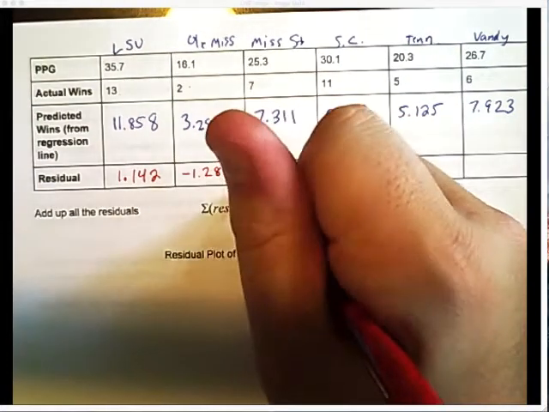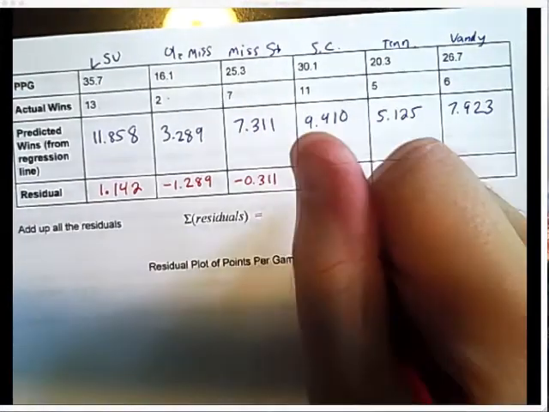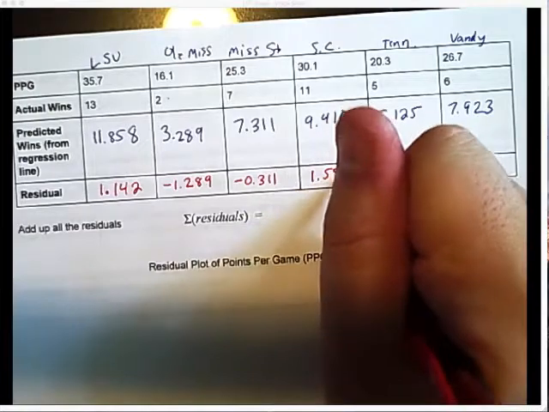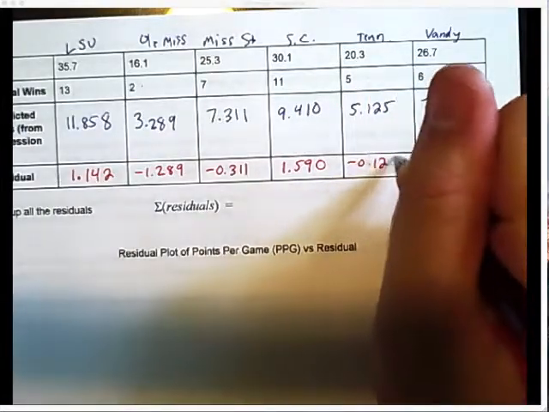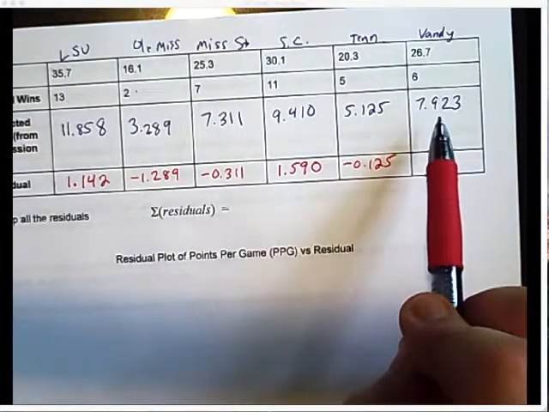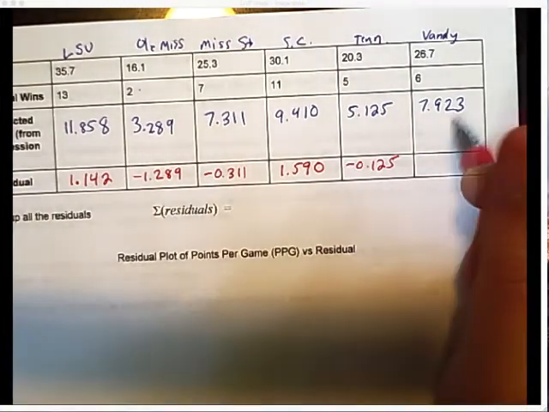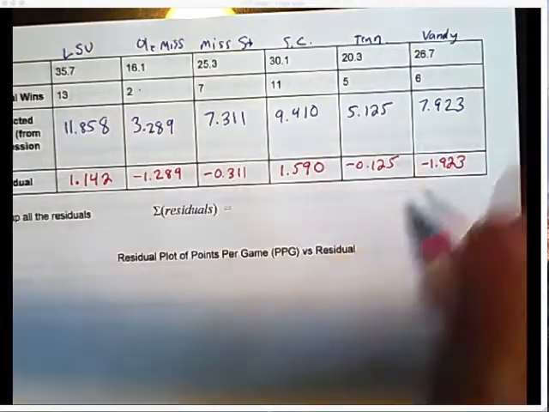7 minus that would be negative 0.311. 11 minus that is 1.590. 5 minus that is negative 0.125. 6 minus that is negative 1.923.